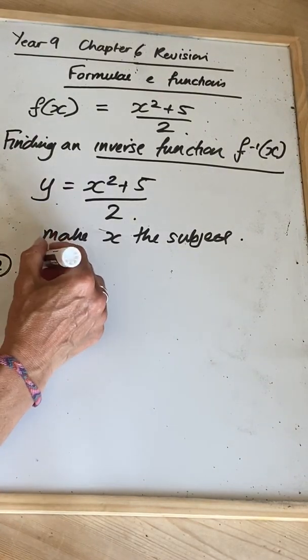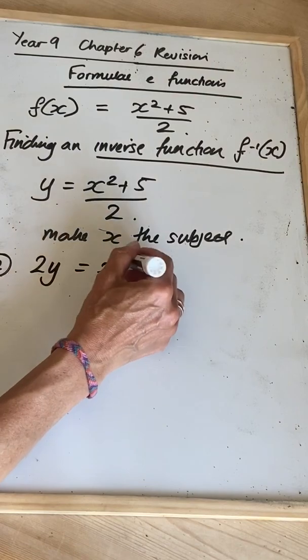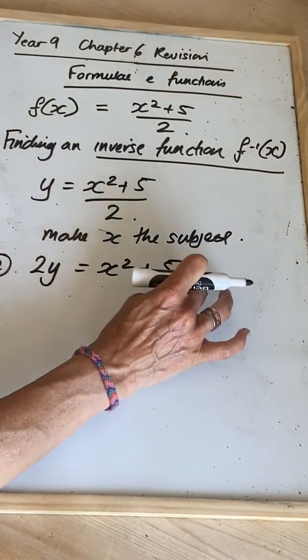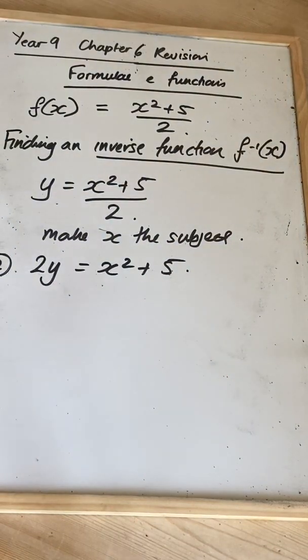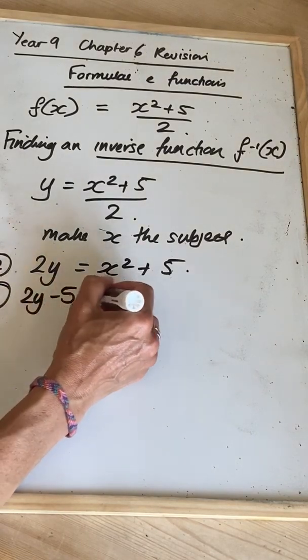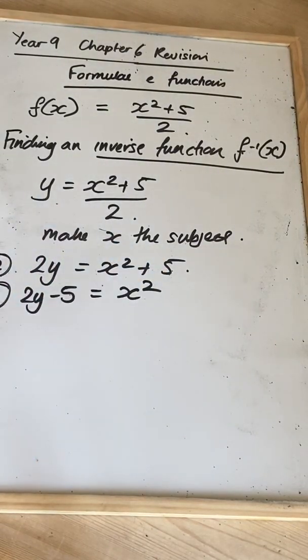We do the reverse. So 2y equals x squared plus 5. The last thing was 5 added to it, so we're going to do the opposite of that. We're going to take 5 away. 2y minus 5 equals x squared.